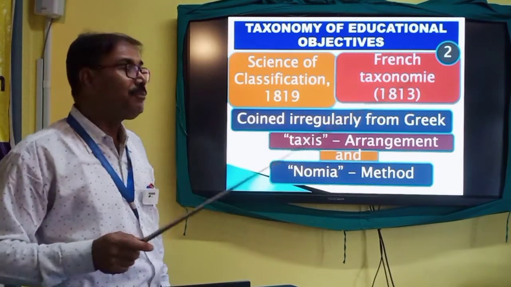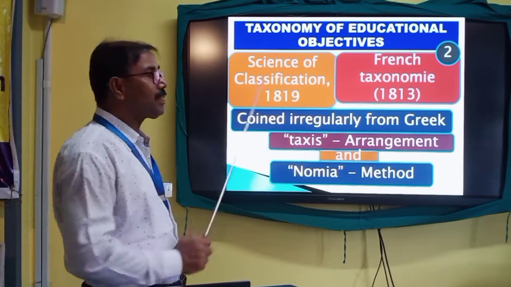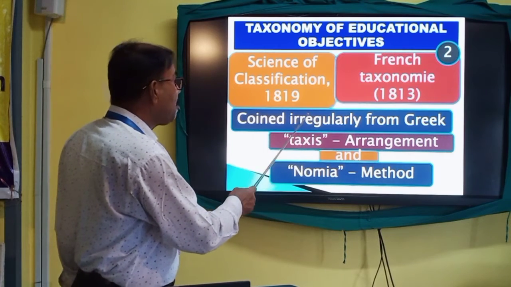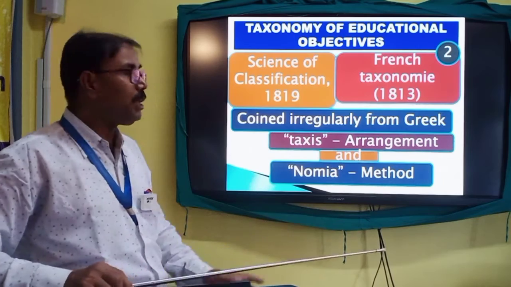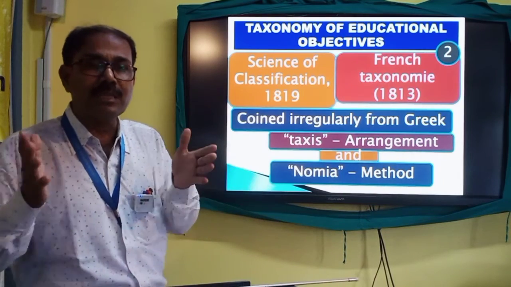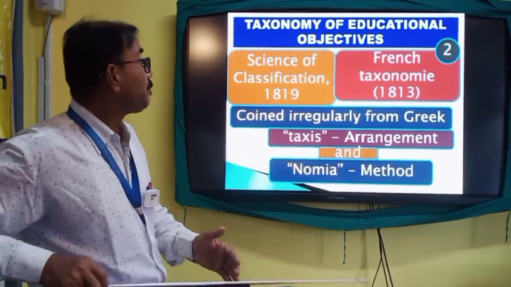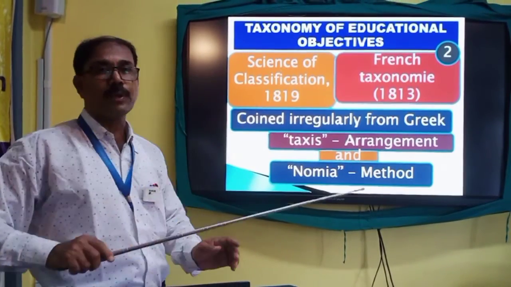So friends, if it is asked in your examination what is the meaning of the term taxis, then you are to write taxis means arrangement. And what is the meaning of the term nomia? It means the method, the way of arrangement, the method of arrangement of educational objectives, taxonomy of educational objectives.